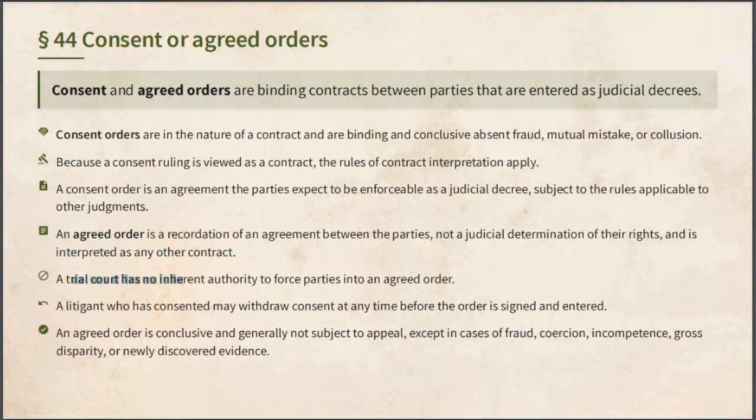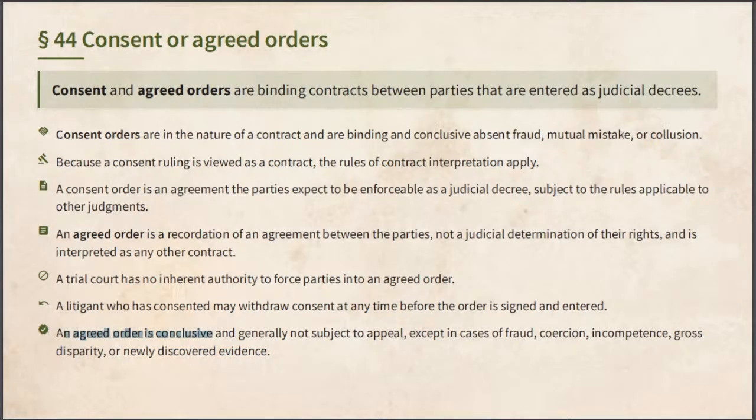A trial court has no inherent authority to force parties into an agreed order. A litigant who has consented may withdraw consent at any time before the order is signed and entered. Signed and entered. Key. An agreed order is conclusive and generally not subject to appeal, except in cases of fraud, coercion, incompetence, gross disparity, or newly discovered evidence.